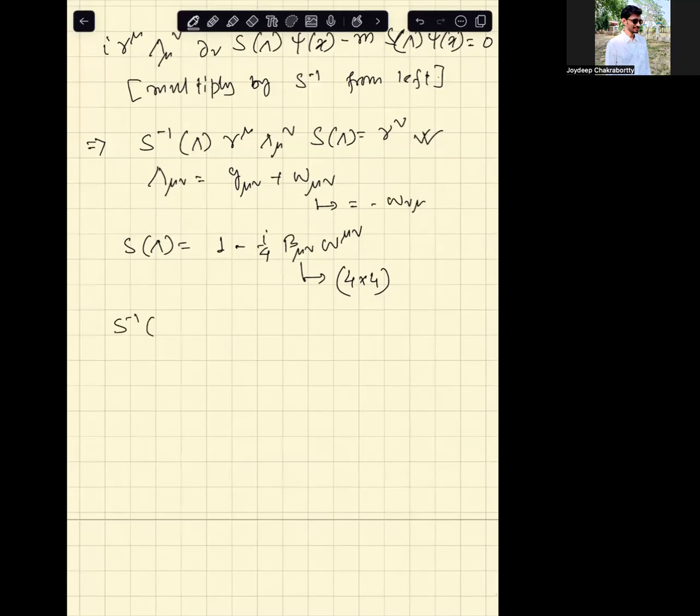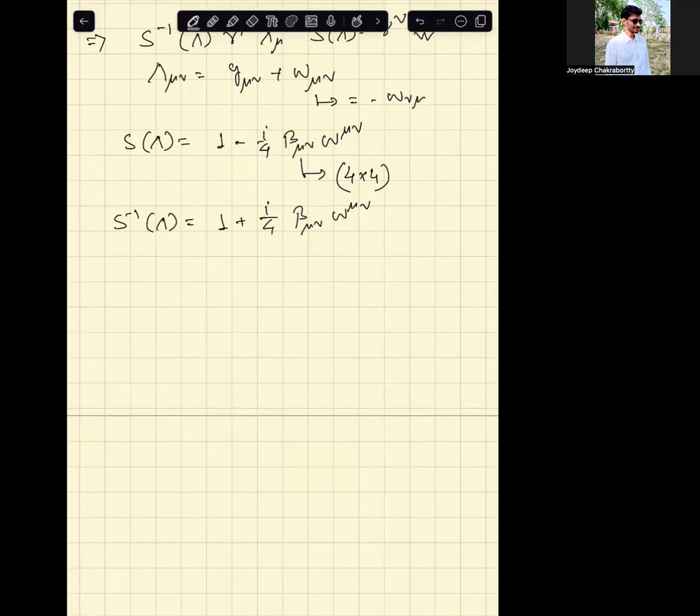And then S inverse of lambda, the conjugate of that, is 1 plus i by 4 beta mu nu omega mu nu. This gives me the notion of beta mu nu, and we'll find that if we set beta mu nu equal to sigma mu nu, then these are all consistent. So this is how you transform your states under the Lorentz transformation.